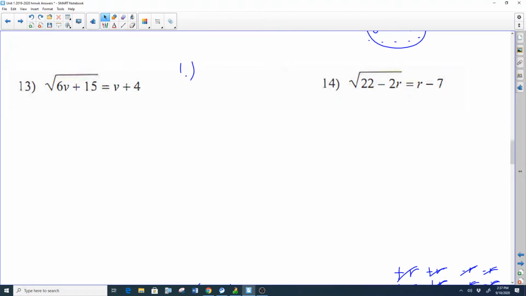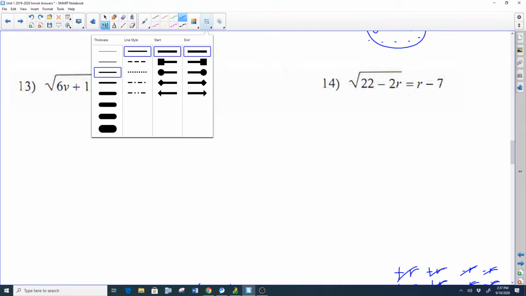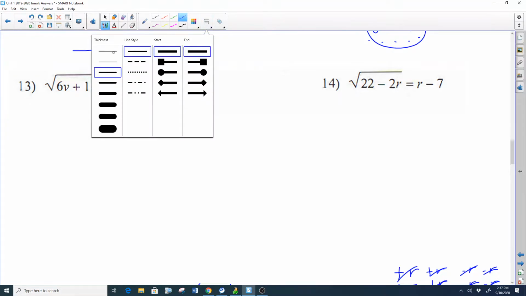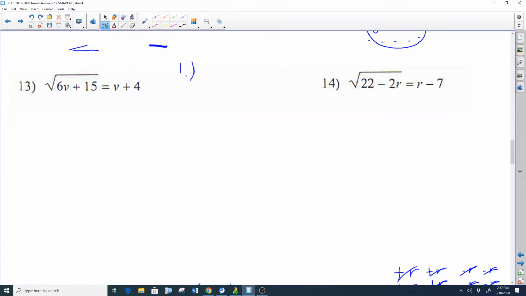So basically, power to both sides. That's like the first step, right? Then the second step is to FOIL. First, outside, inside, last. FOIL. It won't let me do the dot, so I don't know why.